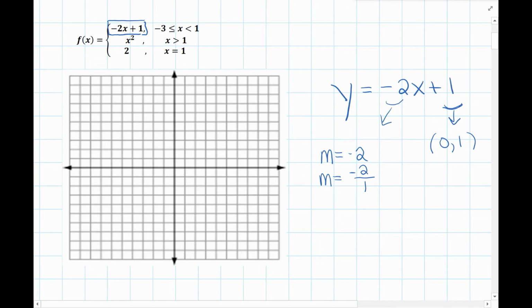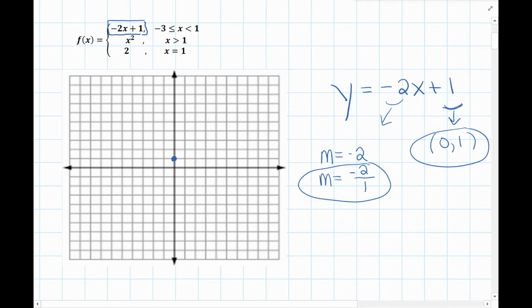So let's use these two things, right? I have the slope, I have the y-intercept. If I go to my xy plane, let me plot the y-intercept, which is going to be at 1 on the y-axis. So blue dot right here at 1. And then my slope is -2/1.